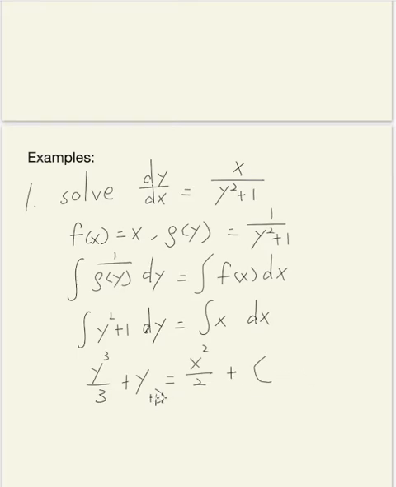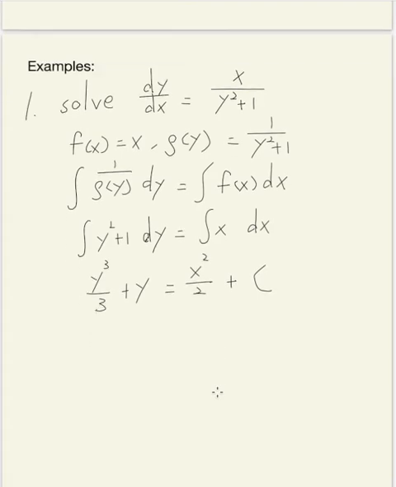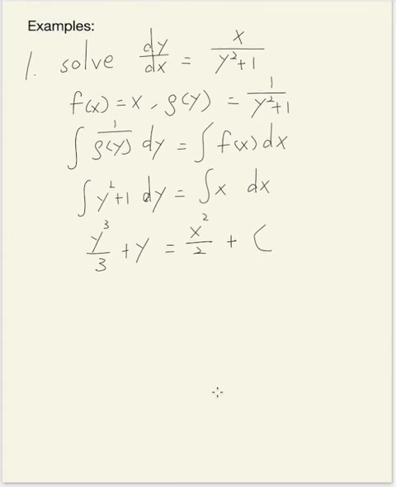Since c and d are both arbitrary, then c minus d is again arbitrary. So we're okay with just having 1 here. Okay, so when you have two indefinite integrals in the equation, you only need one arbitrary constant. This is what I meant when I said you may not get an explicit solution out of it, because it's hard to derive the equation y equals something out of it. So when that's the case, you can just leave it like this. Okay.